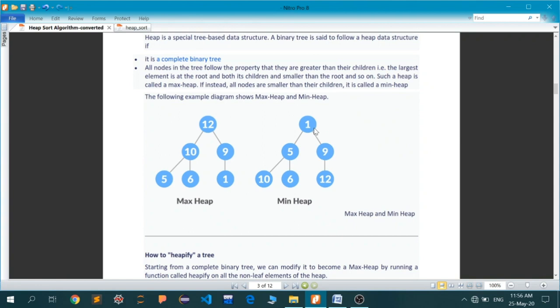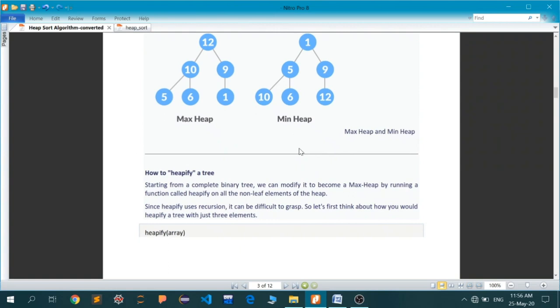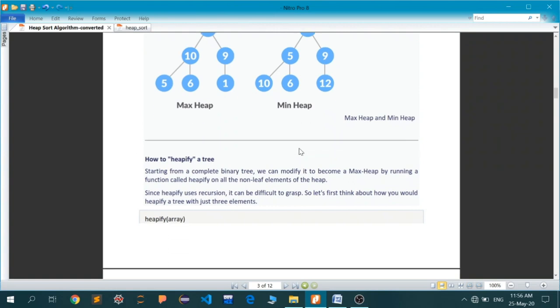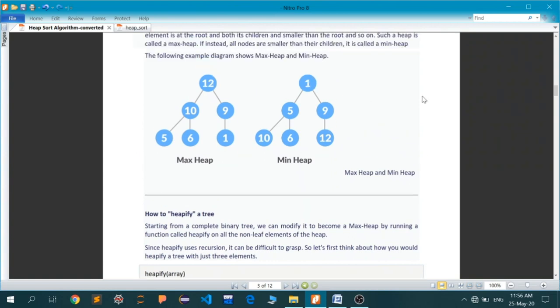So 1 is smaller than both of its children, 5 and 9. That is a minimum heap, but we are not concerned with it here. We're concerned with the maximum heap. Okay, so let's move ahead. Now the question arises: how can you convert an ordinary complete binary tree into a heap or max heap?